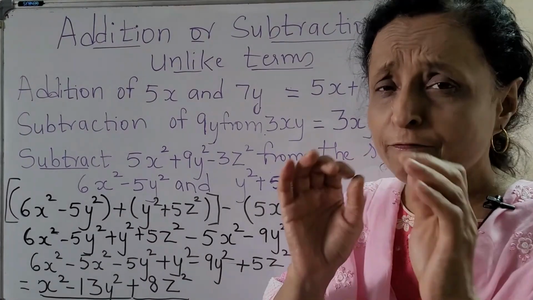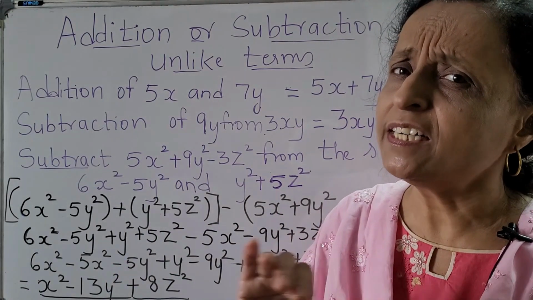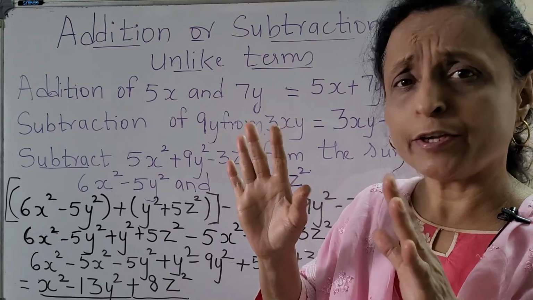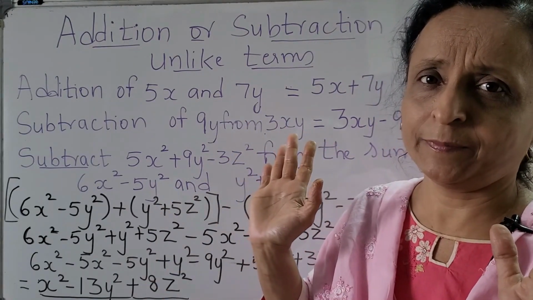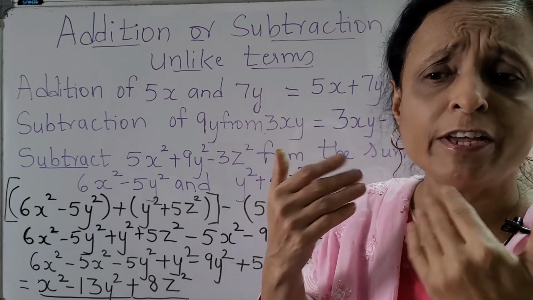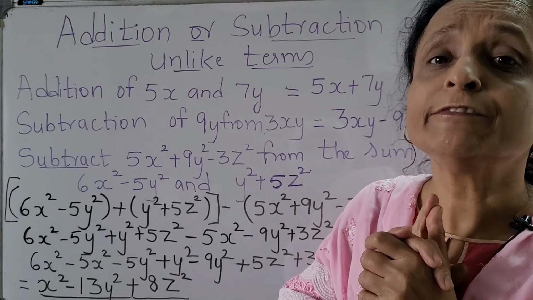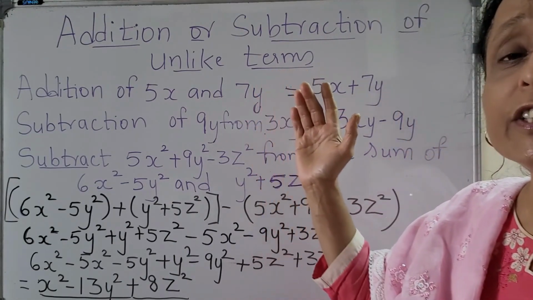Now, if the terms are not the same, they are unlike terms, like one is x and the other is y, you cannot add or subtract them, because the variables, the terms, are completely different. So let's see how the addition or subtraction of unlike terms can be done.